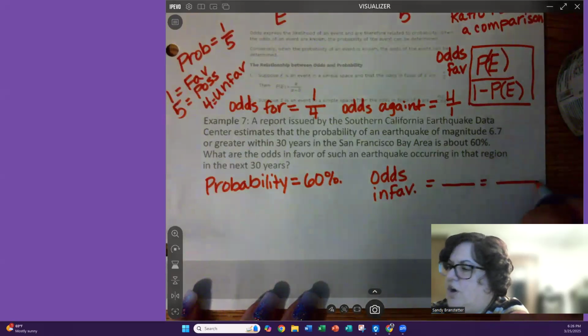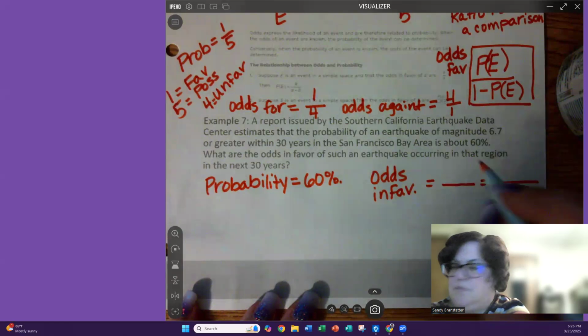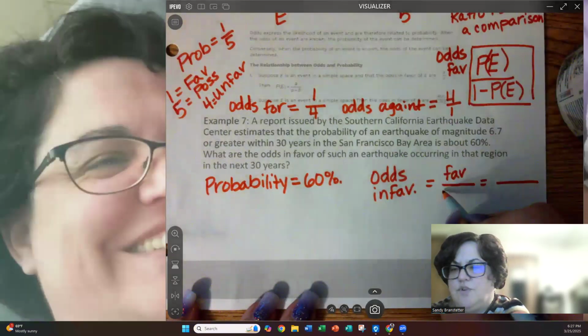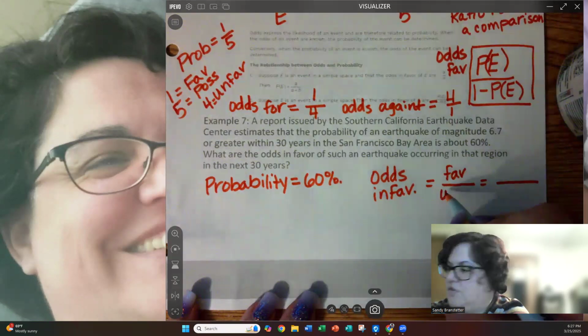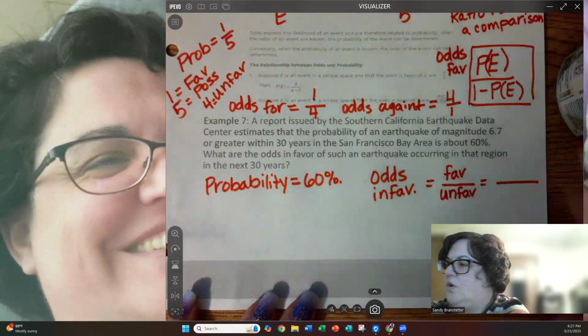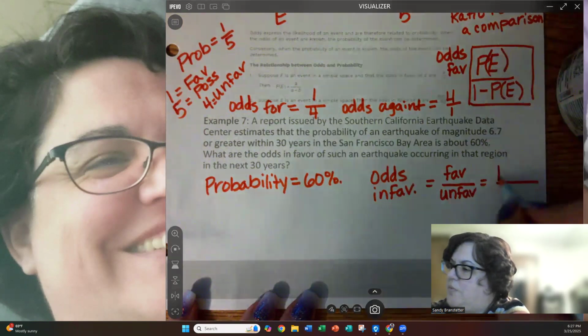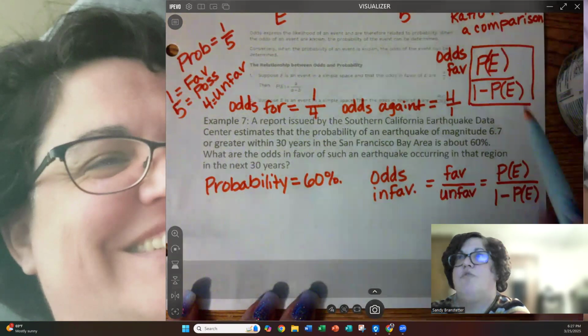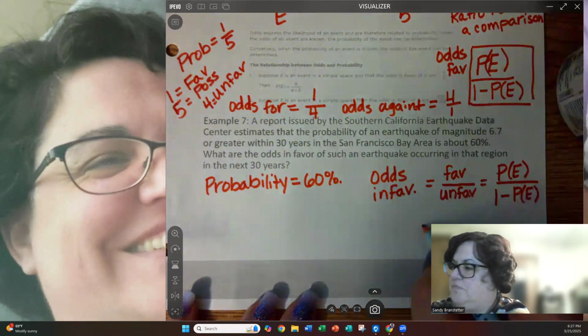So remember, our odds in favor of something are the favorable over the unfavorable. Or the probability that the event occurs over 1 minus the probability that the event occurs, using our formula that we just were told.